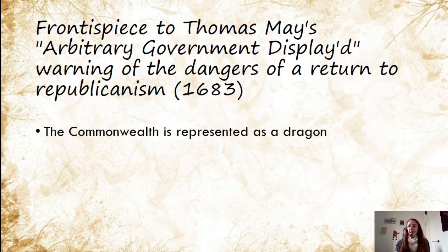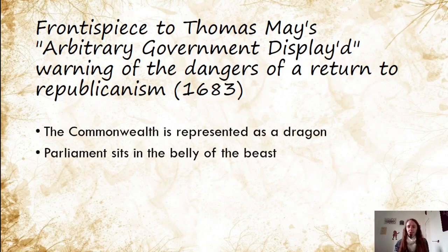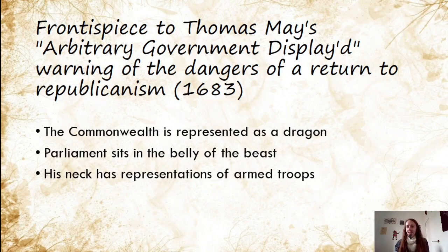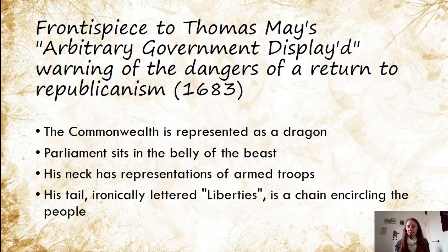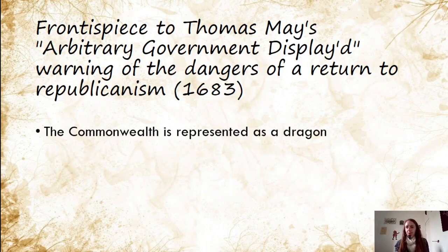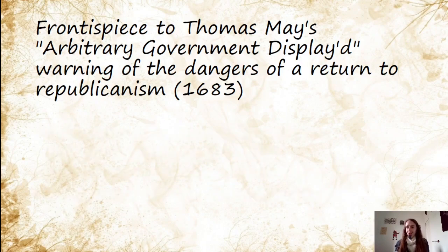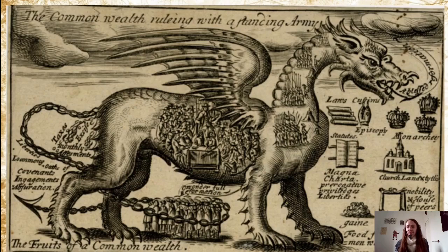The Commonwealth was represented as a dragon, with Parliament sitting in the belly of the beast, its neck having representations of armed troops, and the tail, ironically labelled Latin liberties, being a chain encircling the people. So that's the warning of the dangers of a return to republicanism that was done later on, and it gives us an idea of how it was seen a little bit later.